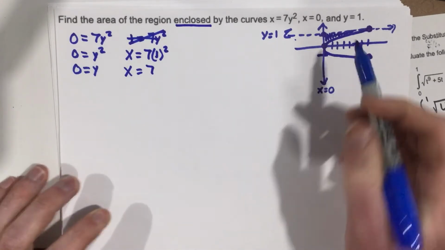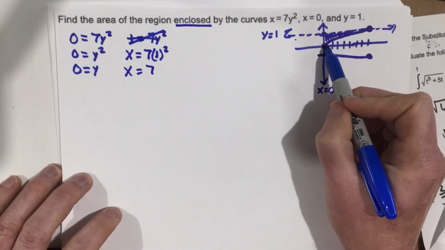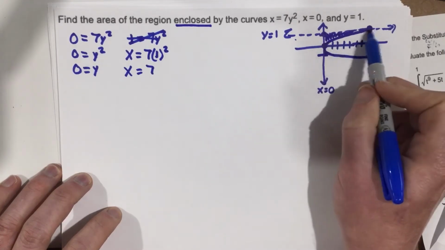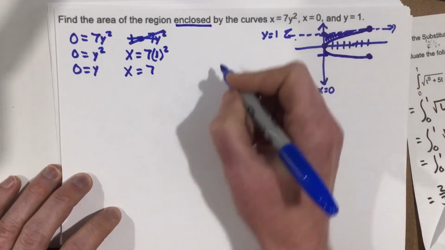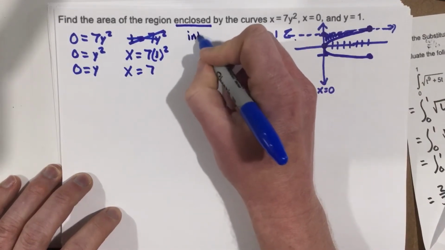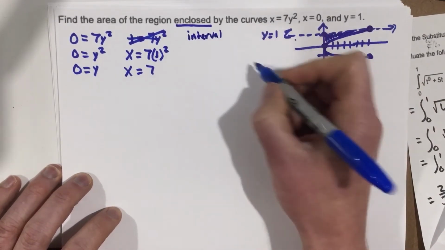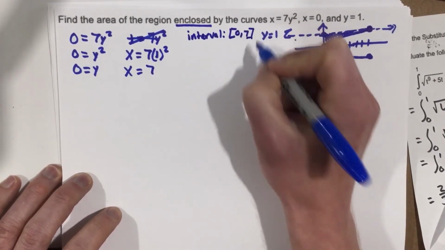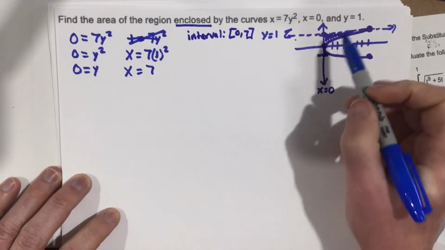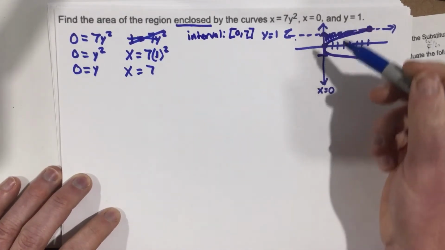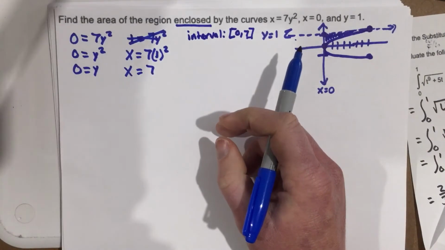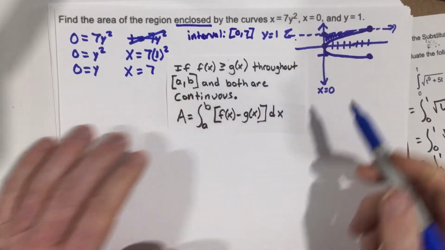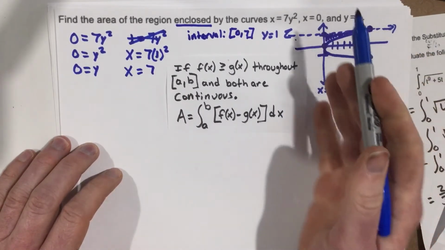Well, we know that this thing is bounded from x equals 0 to x equals 7. Right? X equals 0 to x equals 7 is our bounds, so our interval would be 0 to 7. We're going to integrate this, and remember, the x equals 0 we don't have to worry about because that's just an x value.